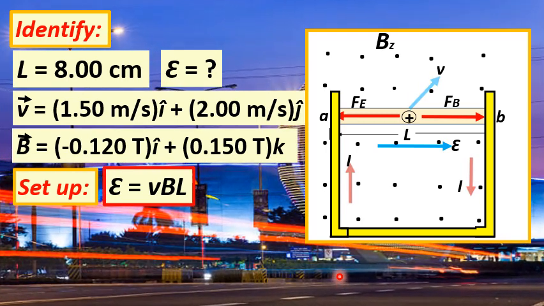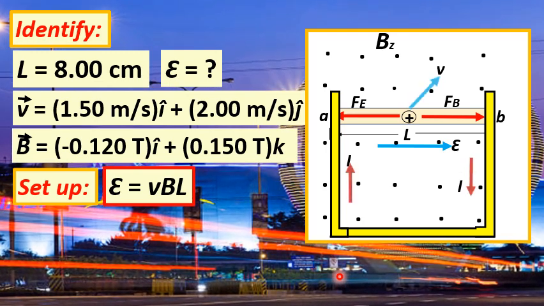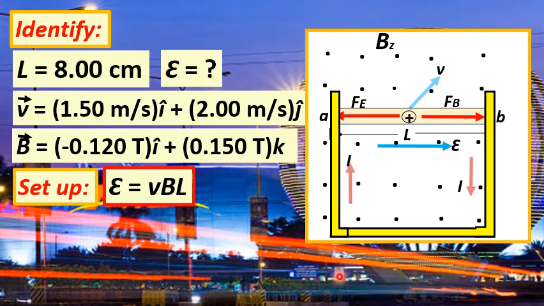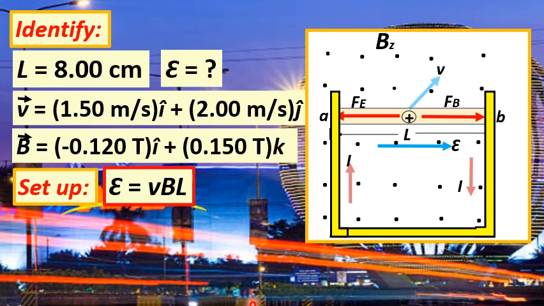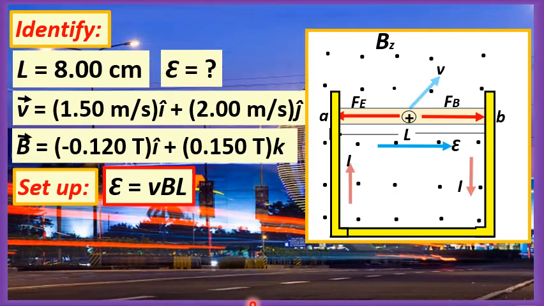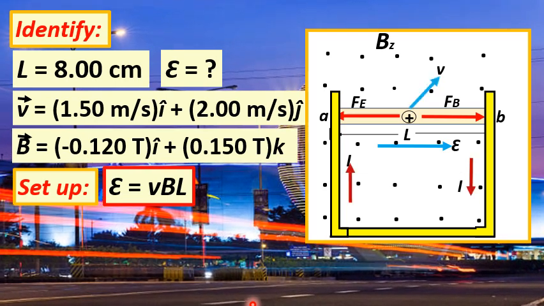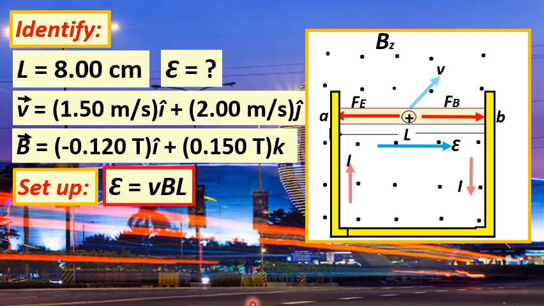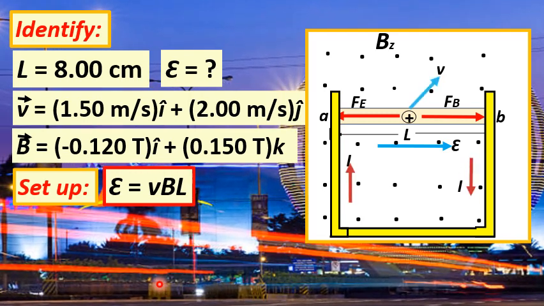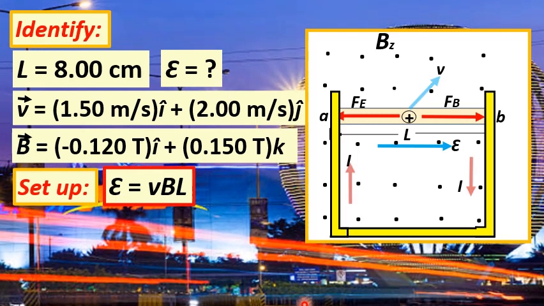But in the situation for problem number 2, the velocity vector and the magnetic field vector, as well as the length of the conducting rod, are not mutually perpendicular to one another. All right? So we have to include here additional techniques on vector product and scalar product operations.